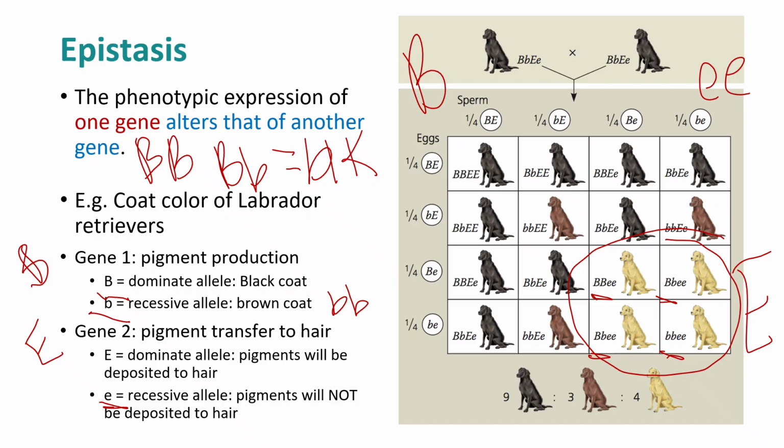Versus these other ones, even if it has a recessive e, it's not going to matter as long as it does have at least one dominant E, and that's going to send the pigments, whether it's black or brown, into the dog. So this is how you get this cross. If we had, say, two black labs mating, this is the potential. You have 9 black to 3 brown to 4 yellow.